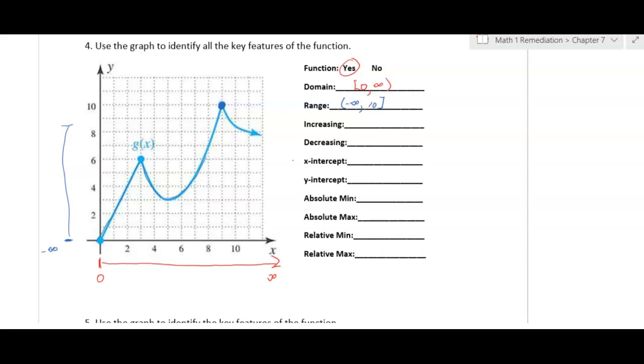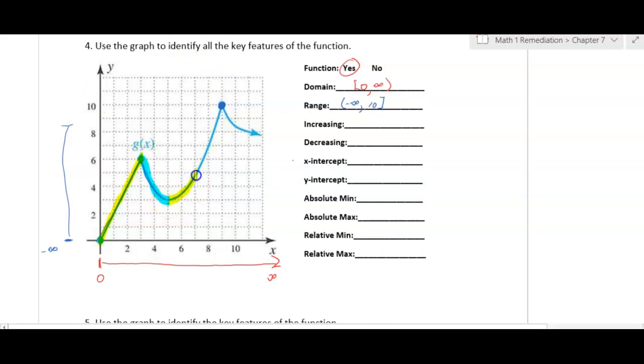Now, where is this increasing? Well, I'm going to talk about increasing and decreasing at one time. And I'm just going to trace the graph from left to right. This first section here, what is the graph doing? It's increasing. Then what happens? It turns a corner and starts to go down to here.